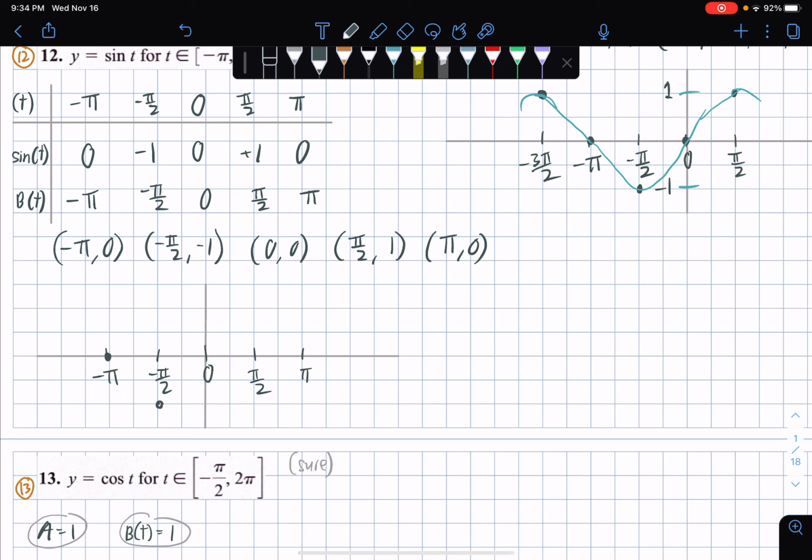Negative pi over 2 and negative 1 here. By the way, I forgot to insert the amplitude value. So here is positive 1, here is negative 1. The point of origin is 0, 0, pi over 2 plus 1, and pi 0. So we have something like this.